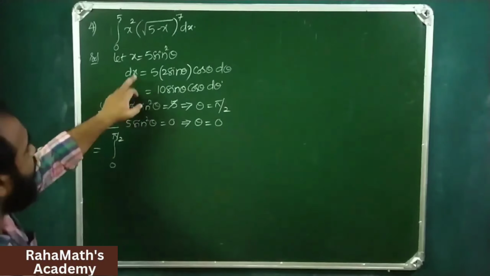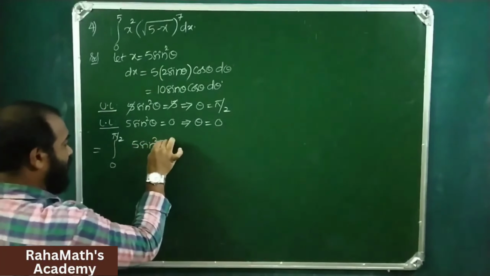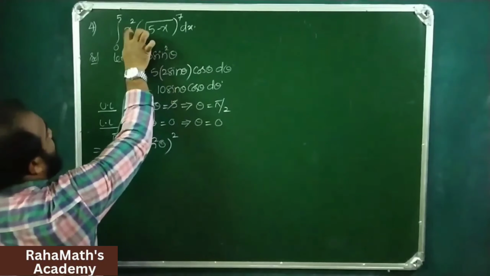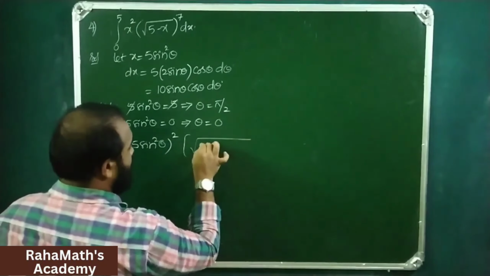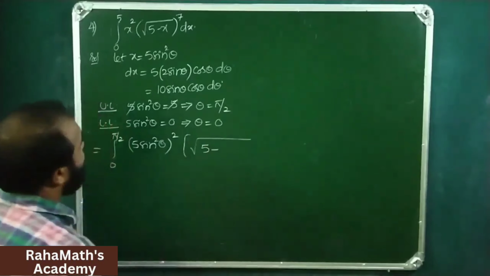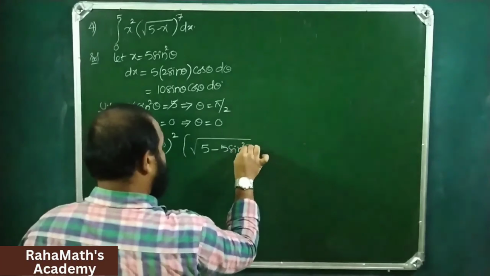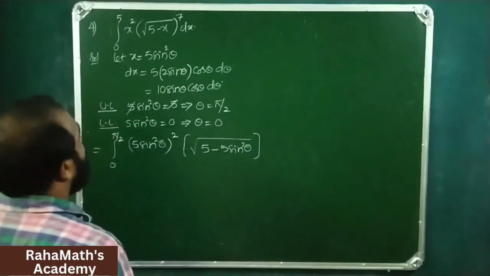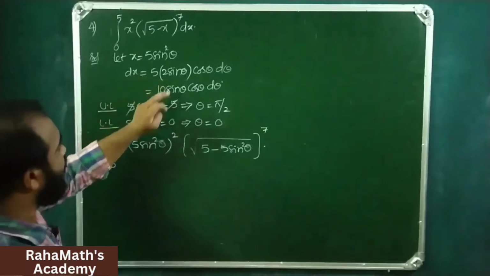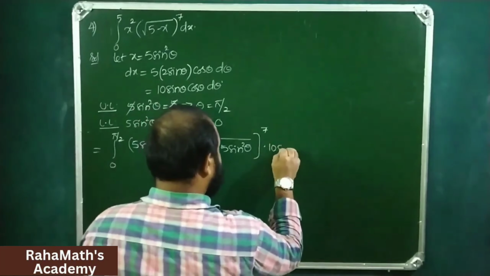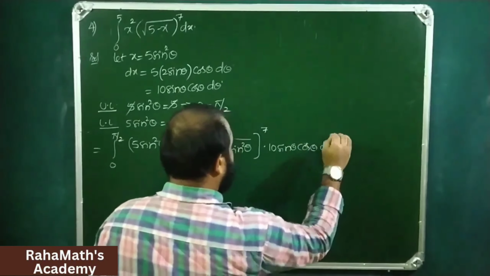So x square is 5 sin square theta whole square, into square root of 5 minus what is x? 5 sin square theta, whole power 7, into dx value, 10 sin theta cos theta d theta.